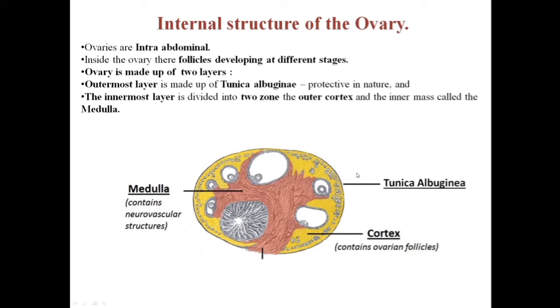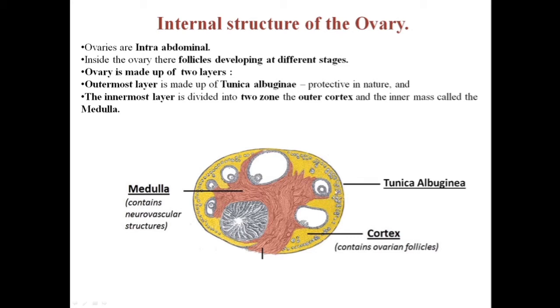Let us first talk about the outermost layer of the ovary. This outermost layer is called the tunica albuginea. It is fibrous in nature, so it plays the role of protection. The inner layer is divided into two zones.